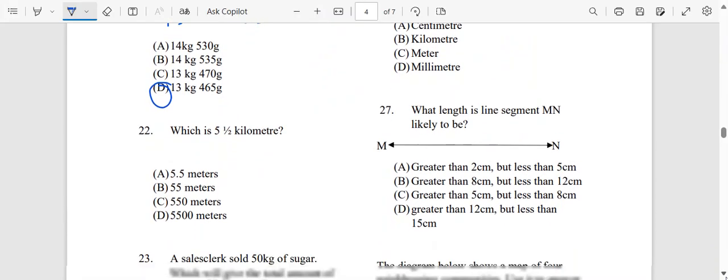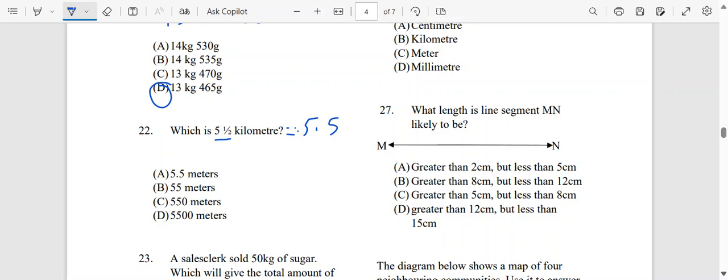Then it says here, 5.5 kilometers. If you notice, the answers that they give you are not written in kilometers, but rather they are in meters. So we are going to change 5.5 kilometers to meters.